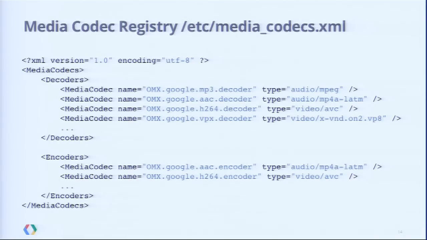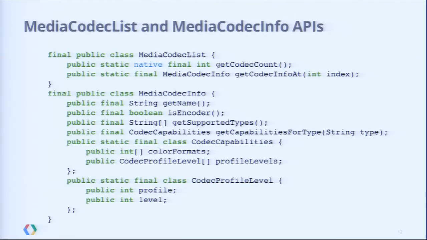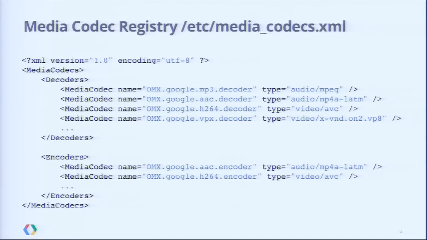Any media codec with the same name can support multiple MIME types. So if you have multiple MIME type support for a single media codec, you can have multiple attributes for type. That's why, if you look at the media codec info class, it has a method called get supported types, which will return all the MIME types available in this media codec XML file for a specific media codec entry.